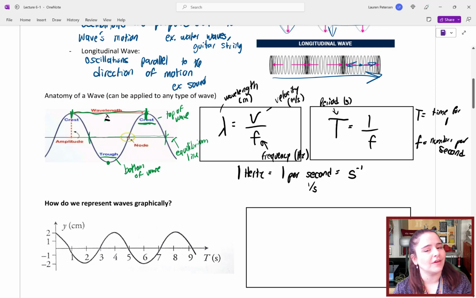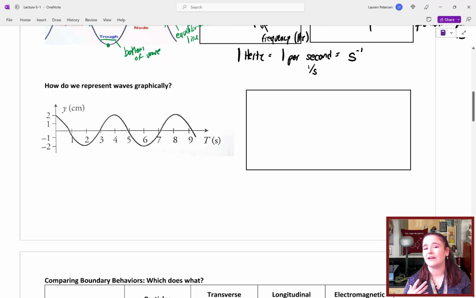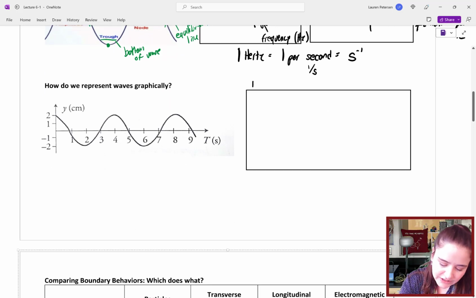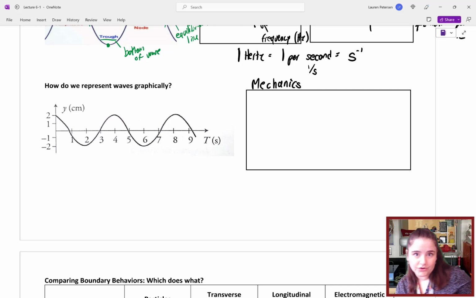One other thing that shows up on the AP Physics 2 exam is the mathematical equations for waves. This equation is actually in the mechanics section of your equation sheet. What's kind of weird about it is it really is just a mathematical equation.